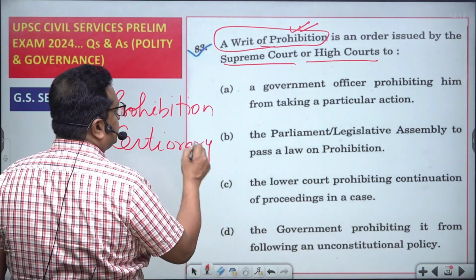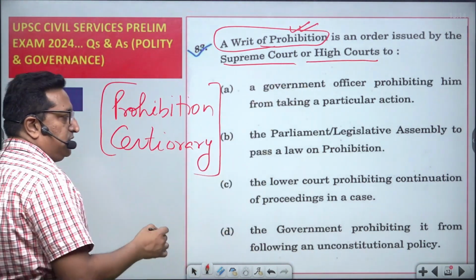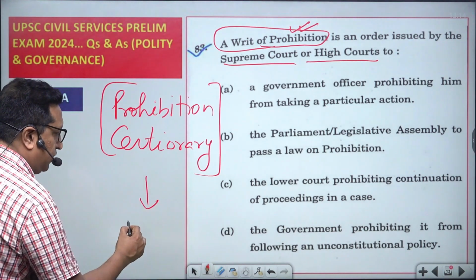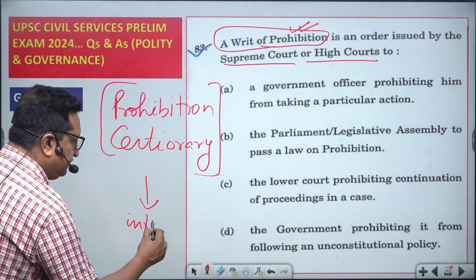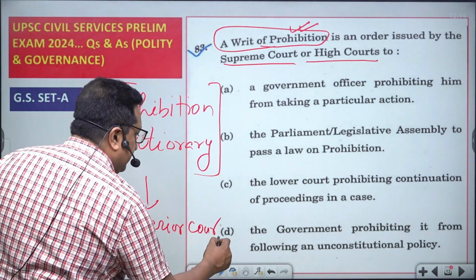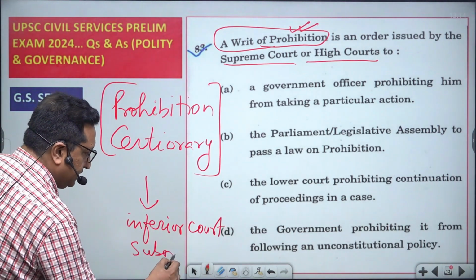These are the writs which are issued by the higher courts against the subordinate courts or inferior courts. Inferior is a term that is used for subordinate courts.